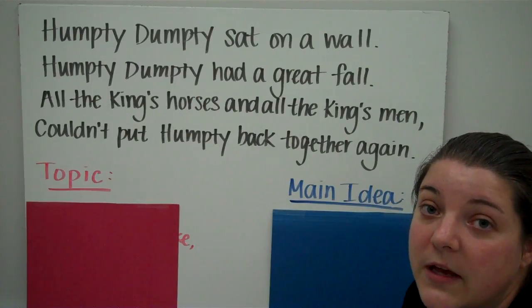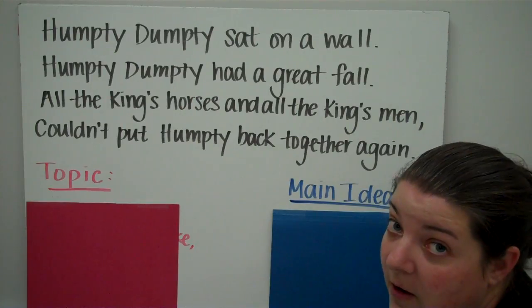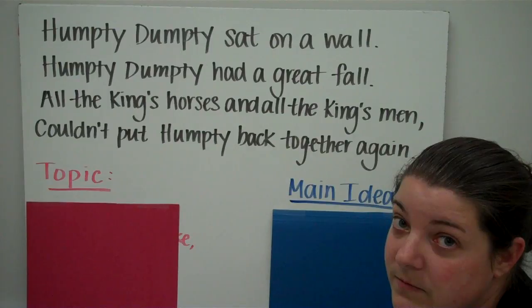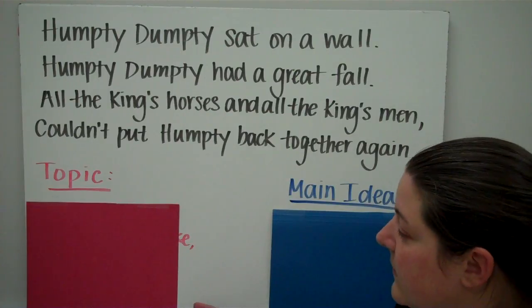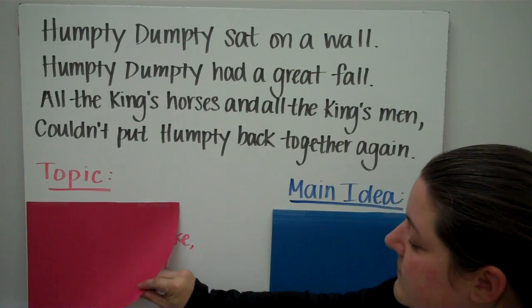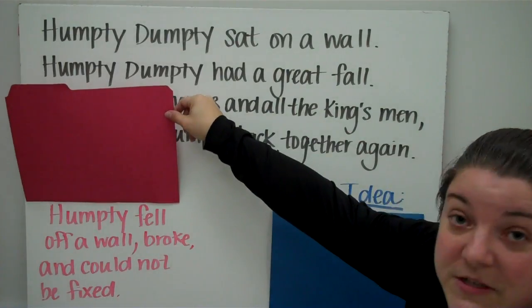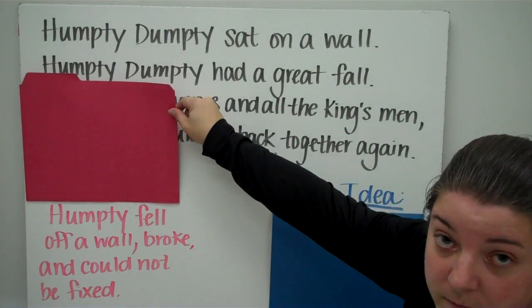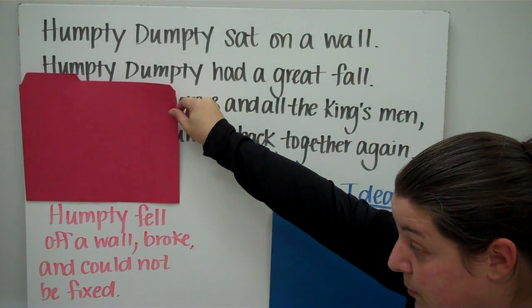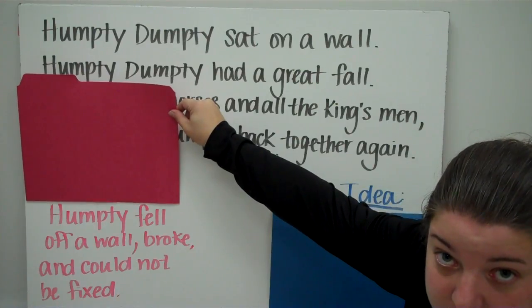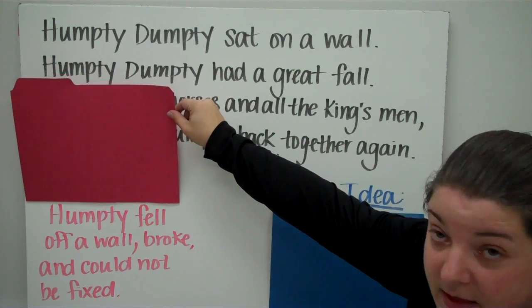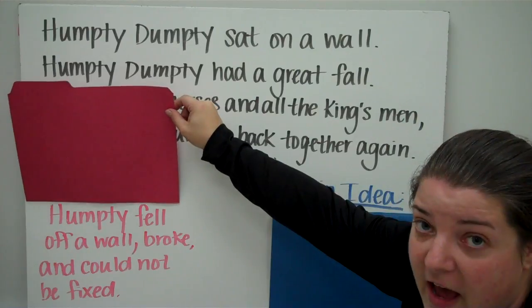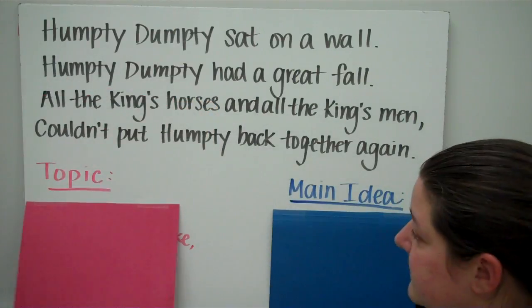Who, what, when, where, why, how? Well, if you said that Humpty fell off of a wall, became broken, and could not be fixed, you're correct. That's who it happened to, what happened, how, and why, right?